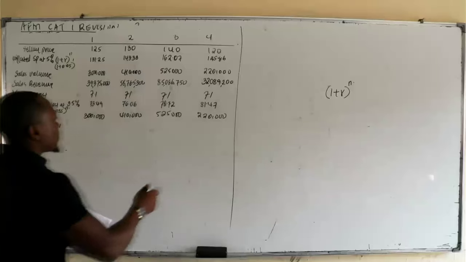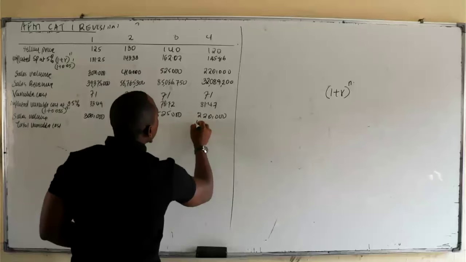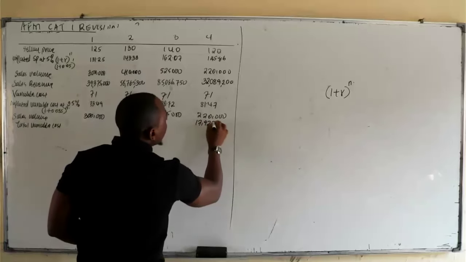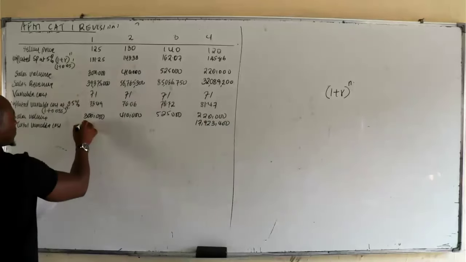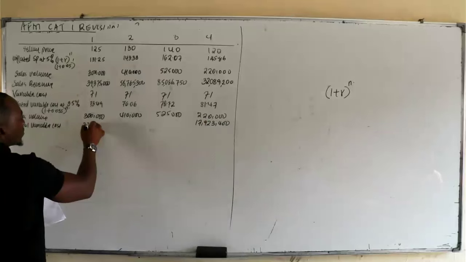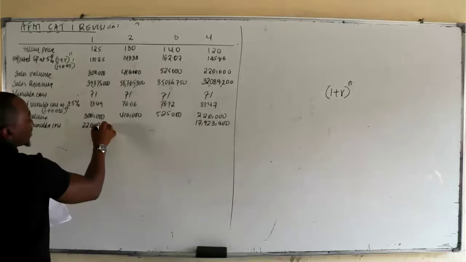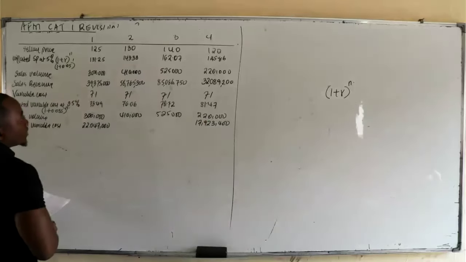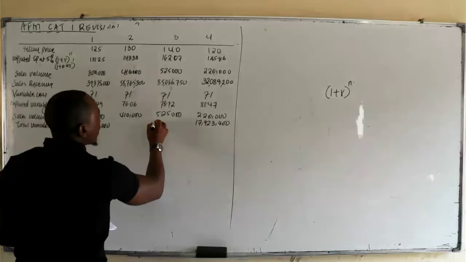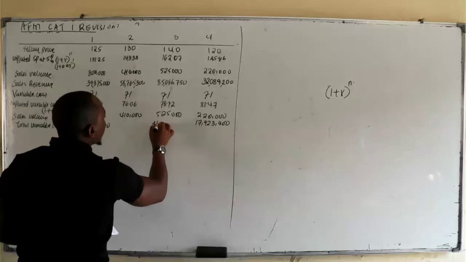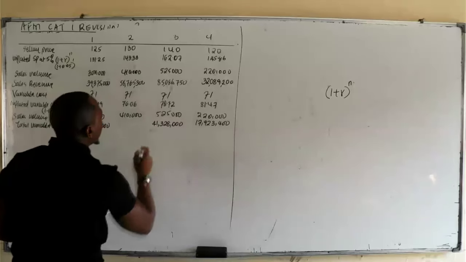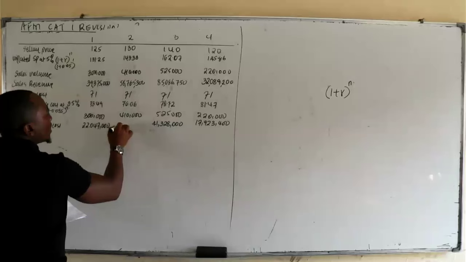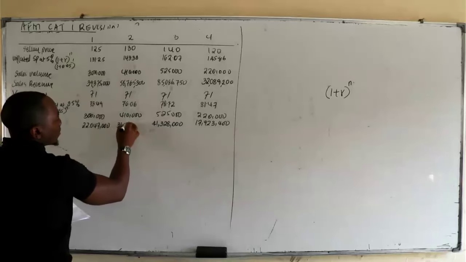And the last one, 70,923,400. First one, 047,000. That one, 41,328,000. That one, 184,600.